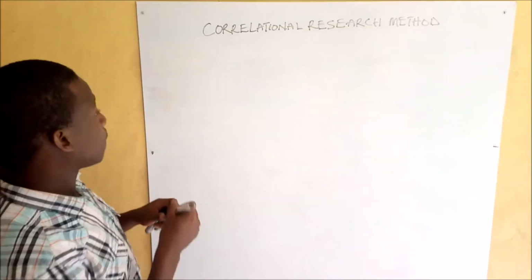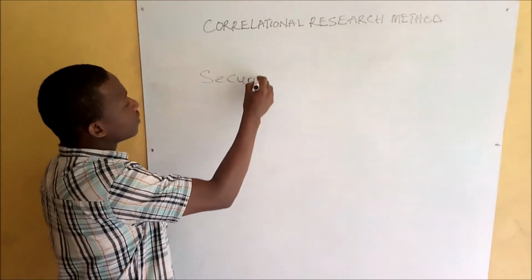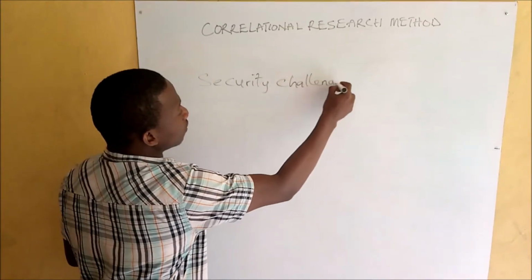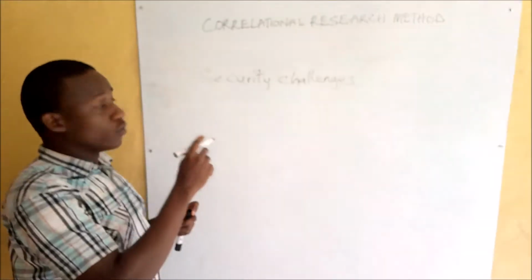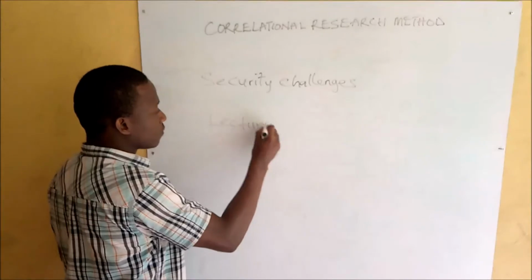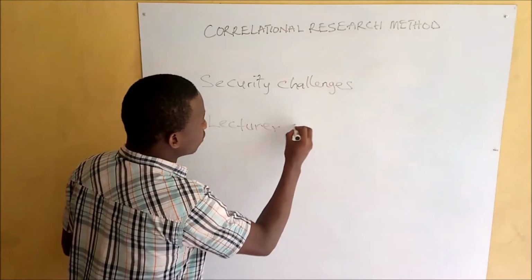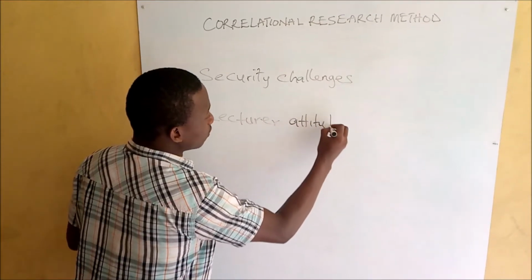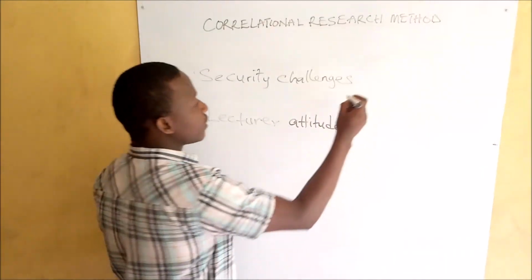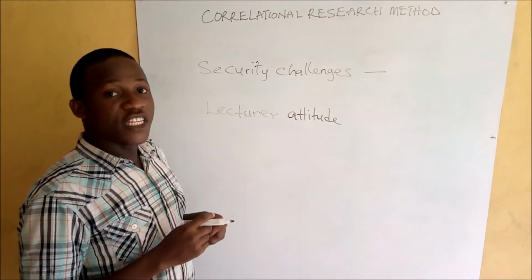For example, I mentioned security challenges as one variable, and also lecturer attitude as another variable. Here, the security challenges is called the independent variable.